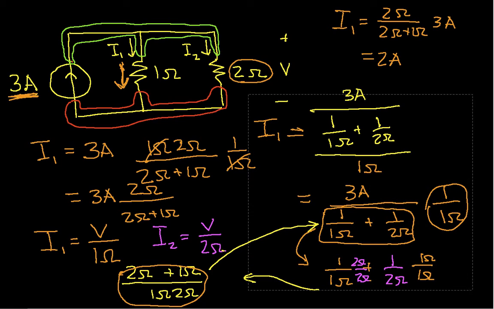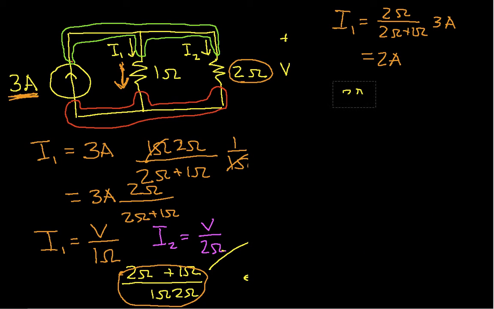It shouldn't be. So let's clear out a little bit of space and do I2, and we'll just use the pattern that we've noticed. I2 will be 3 amps.